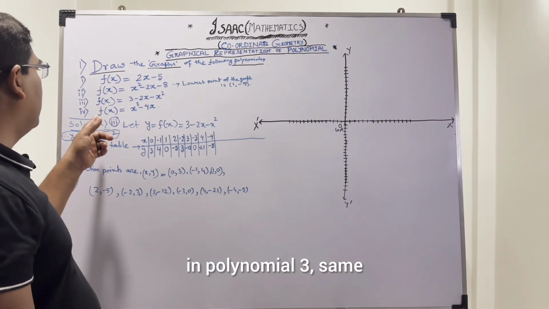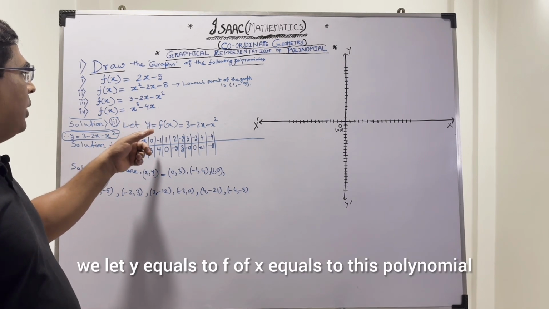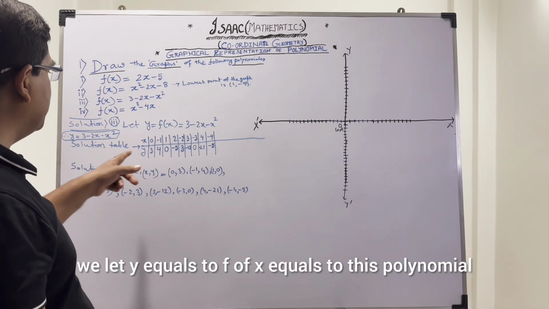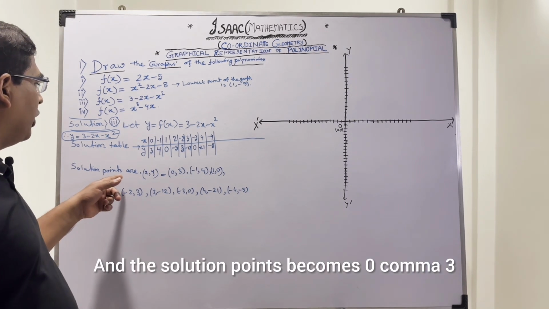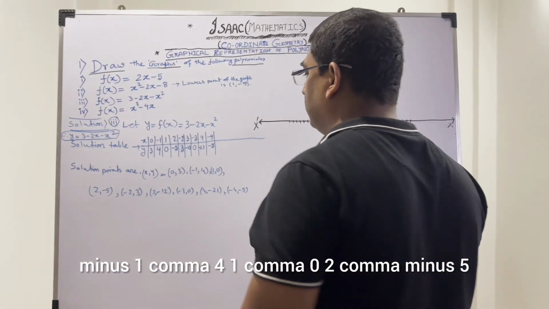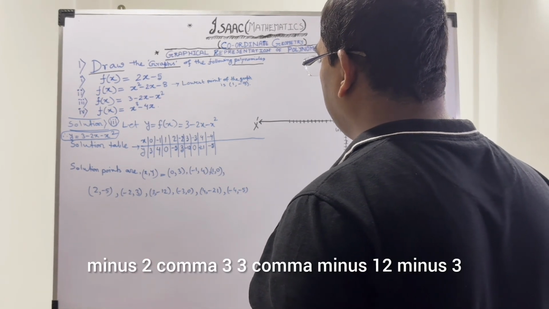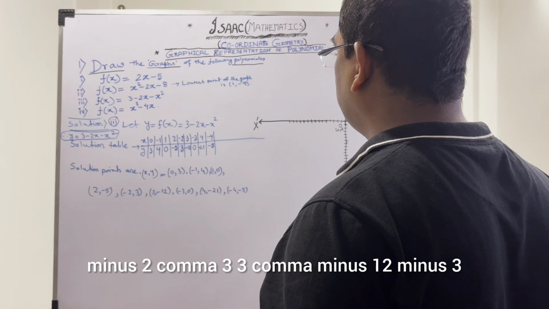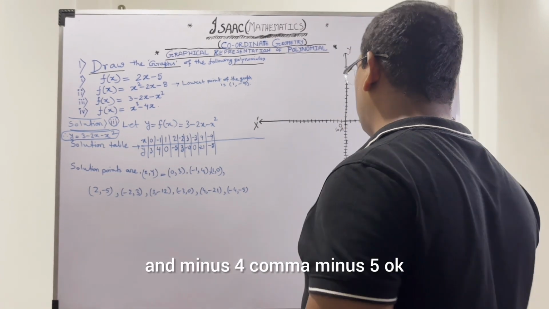Now in polynomial 3, same, we let y equals f of x equals this polynomial, and this is the solution table, and the solution points become 0, 3, minus 1, 4, 1, 0, 2, minus 5, minus 2, 3, 3, minus 12, minus 3, 0, 4, minus 21, and minus 4, minus 5.